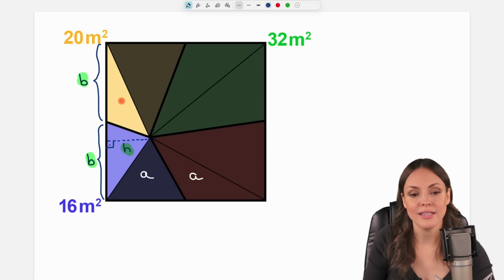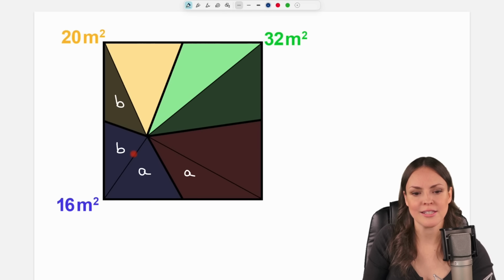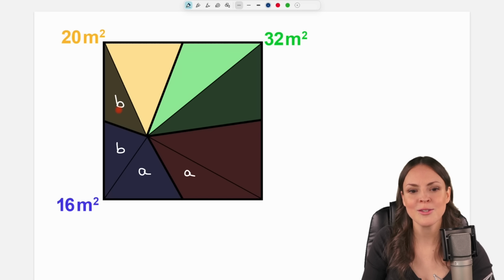So if I call this area B and this area B, it should not be the base, so I delete the rest. So these are just the areas. Same thing with these two triangles. Same way of explaining this. So I call this area C and this area C here as well.